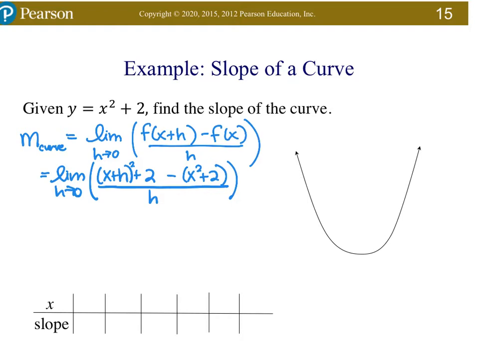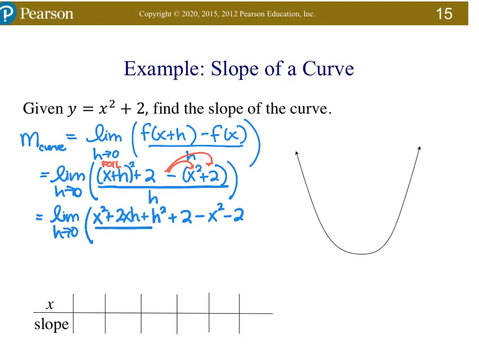So I'm going to need to FOIL my first set of terms, and I'll distribute the negative. So for my next step, I'm going to do FOIL and distributing at the same time. So I'll have x squared plus 2xh plus h squared plus 2, and then distributing my negative will give me negative x squared minus 2, all over h. And then we'll notice the cancellation that will happen.